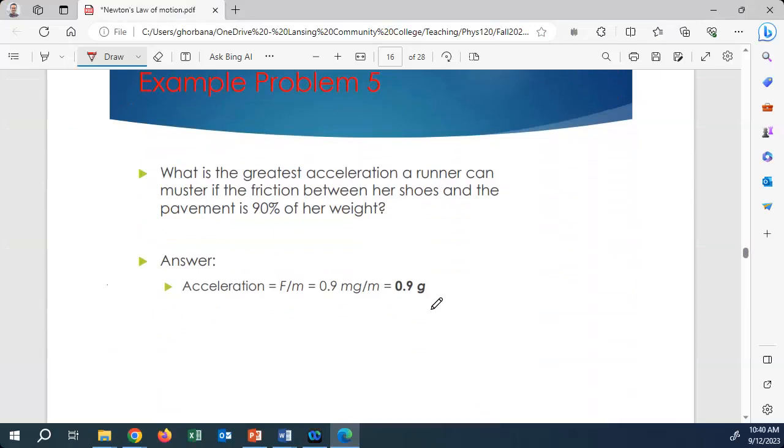Do not jump into the formula. Draw the situation. Please, please. When you are solving any physics problem, try to draw the situation. Try to picture the problem. It's really helpful.